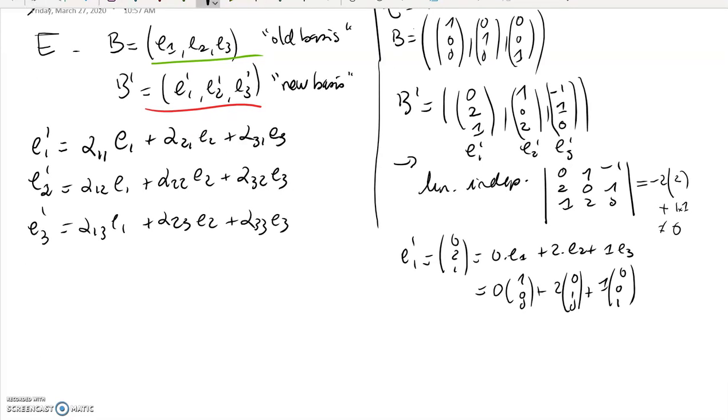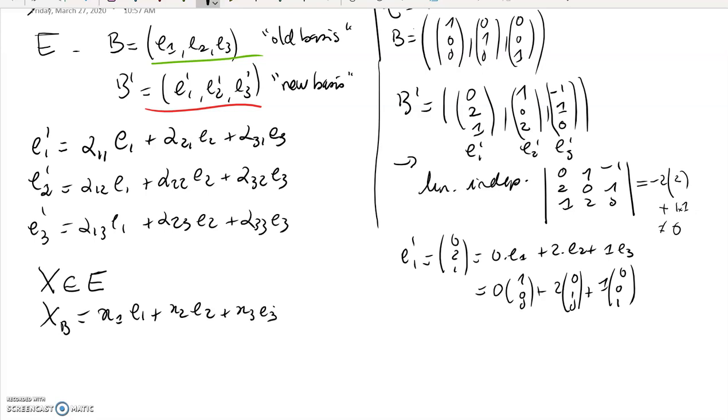All right. So this being said, what else do we know? As both of these systems are bases, any x in E can be written as a linear combination of any of the basis vectors. So x in basis B will be written as x1 E1 plus x2 E2 plus x3 E3.